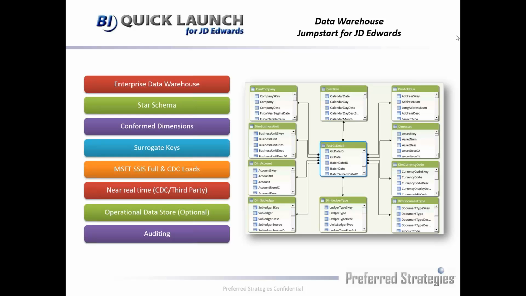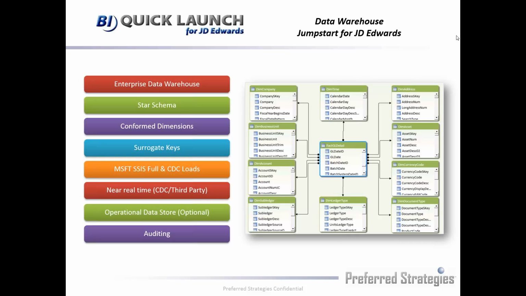That's what we're delivering, an enterprise data warehouse that can support all your BI, but there may be other requirements you're using your warehouse for, maybe even just consolidation of data. Star schema. Now, conformed dimensions, we'll talk a little bit more about that. But the key is, when you build that out, you want to be able to reuse. The most common best practice is to reuse those dimensions across the different modules you may be implementing.